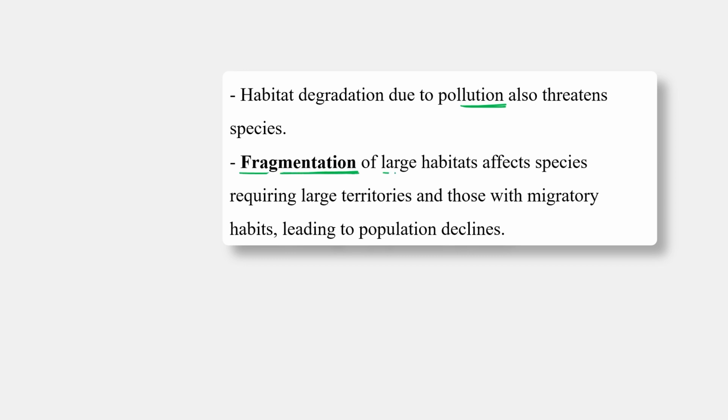This fragmentation of large habitat also affects species requiring a large territory, and those with migratory habits, seasonal migratory habits, leading to population decline if fragmentation occurs in a particular zone. So all those animals are affected because of this fragmentation.